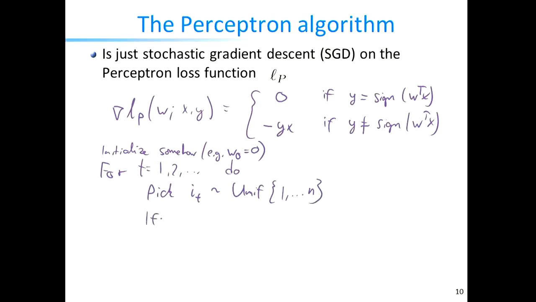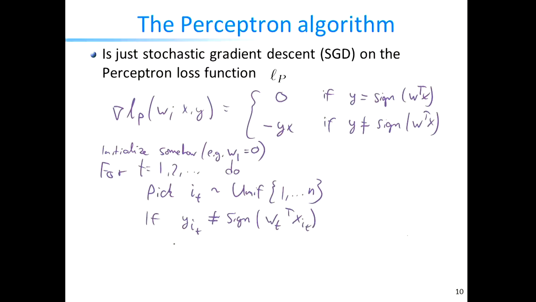Then you check if y_{i_t} is incorrectly classified, that is, if it differs from the sign of w_t transpose x_{i_t}.